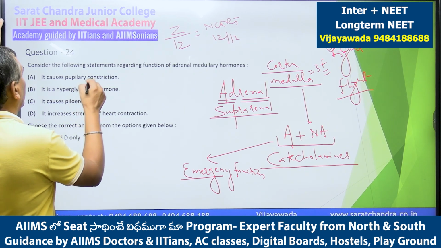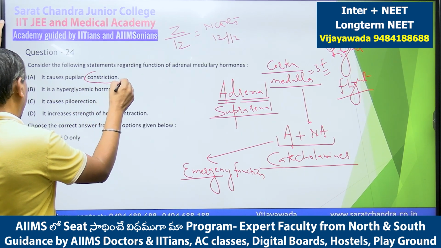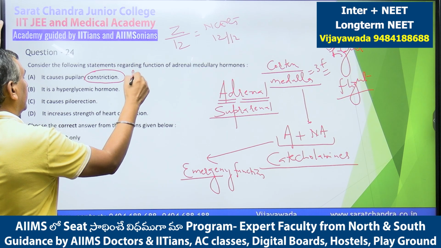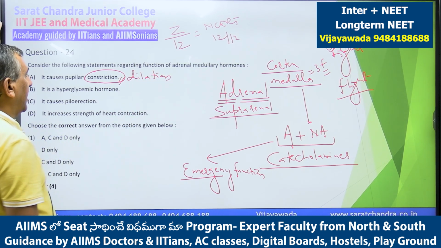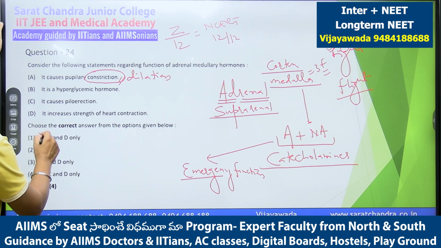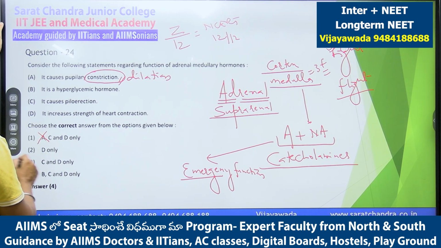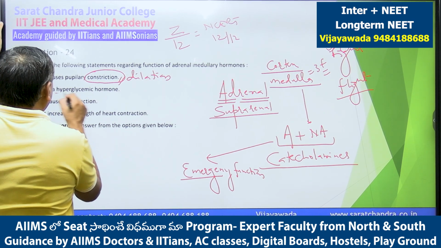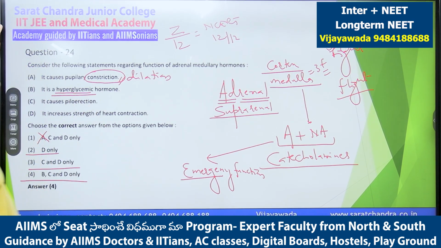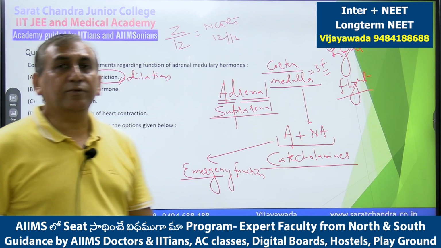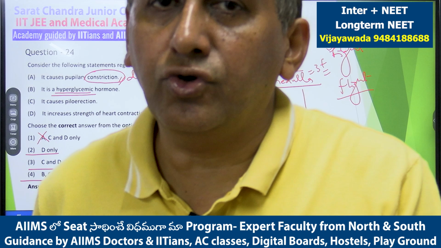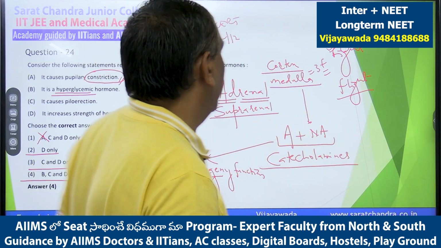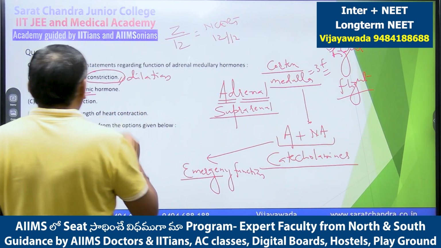So it causes pupillary dilatation, dilatation, not constriction. So the first option is gone. It is a hyperglycemic hormone. Yes, during adverse conditions, we need more glucose, so it converts more glycogen into glucose. When more glucose comes into the blood, the blood glucose level will increase.